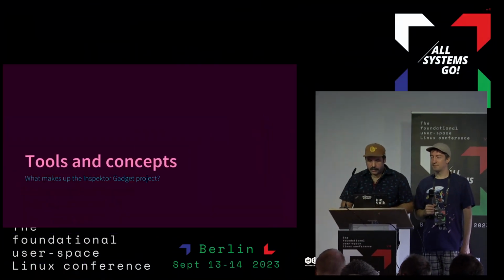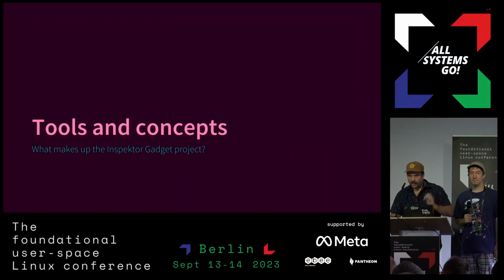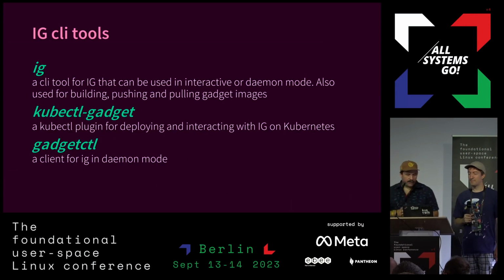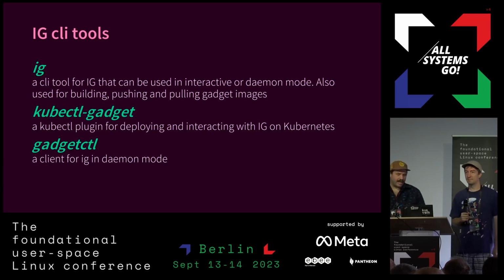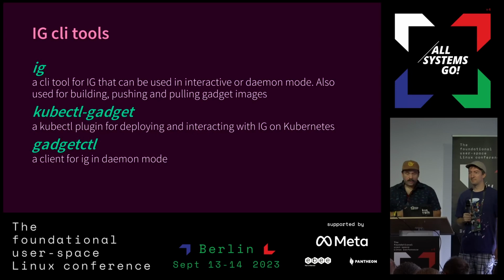So the tools that we have, before we get to the demos, to give you an overview, is we have IG. This is not an Instagram client. This is actually the command line tool that you use on Linux. It supports both interactive and daemon mode. And it's also used for building, pushing, and pulling Gadget images, which we'll show in just a second.